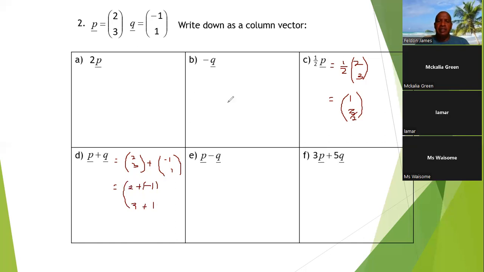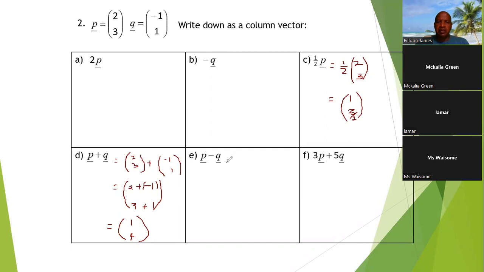When you add these, 2 plus negative 1 is equal to 1, and 3 plus 1 is equal to 4. So that would give you the vector when you add P and Q. Is that clear to everyone?